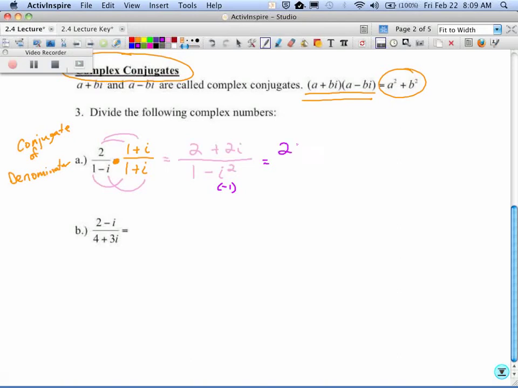To put it in truly a plus bi form, I have 2 things in the numerator, 1 thing on the bottom, so I can split them up. I can take the 2 over 2 and the 2i over 2. What's 2 divided by 2? 1. What's 2 divided by 2? 1 again, times i, so you're just left with 1 plus i.